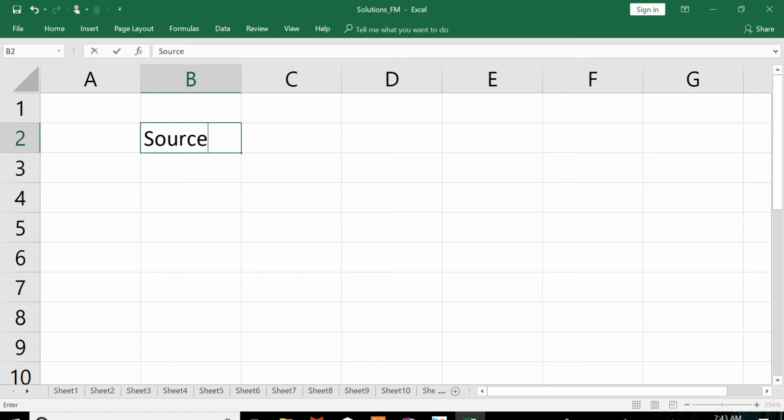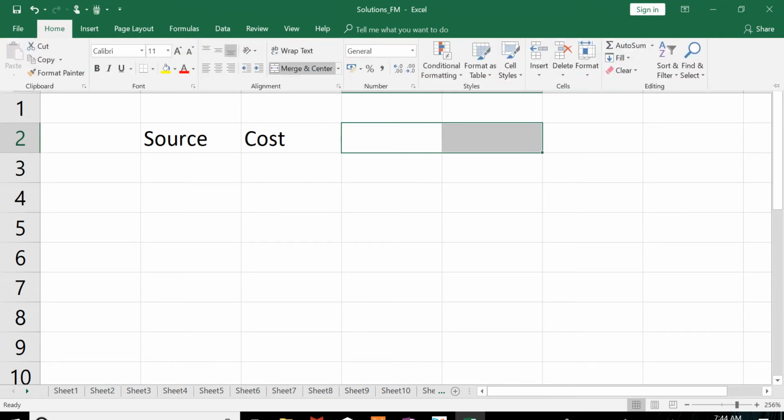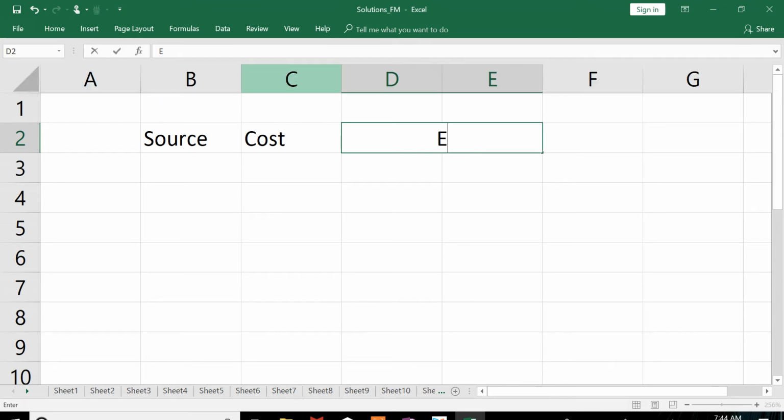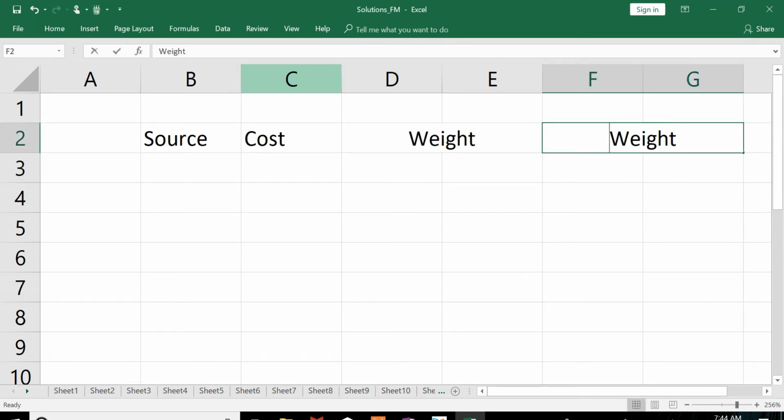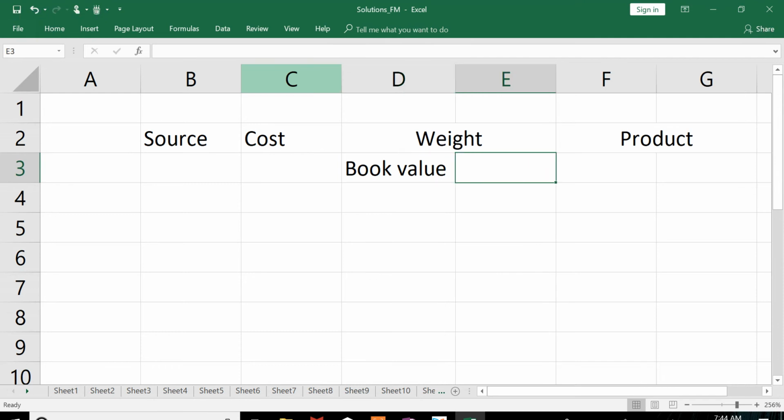Source, cost, and the third is a main column called weight, which will have 2 sub columns, and product will also have 2 sub columns. The 2 sub columns are book value and market value.